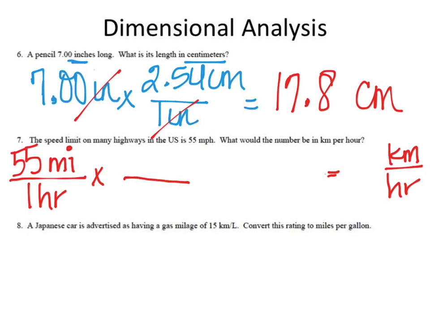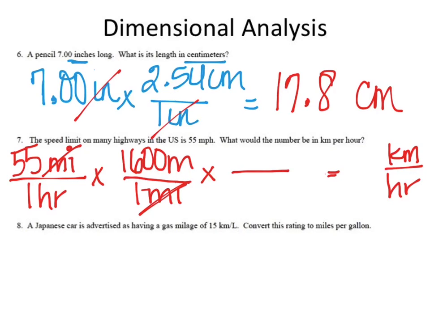So what's the conversion for meters to miles? 1,600 meters in 1 mile. So we are in meters per hour. How are we going to get to kilometers per hour? What's the conversion factor from meters to kilometers? 1 kilometer per 1,000 meters.